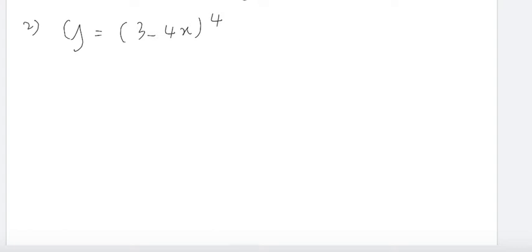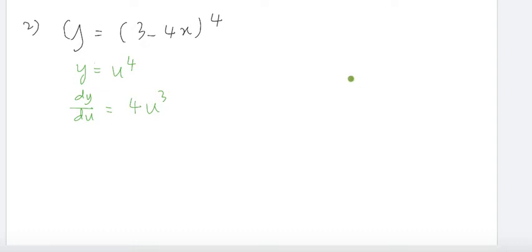Okay, just now the method I taught you is the fast way. But if I want to make it easier for you to understand, I let y equals u to the power 4. So dy/du equals 4u cubed.